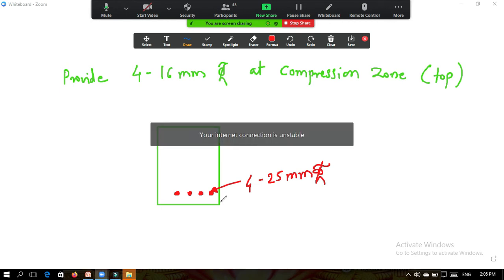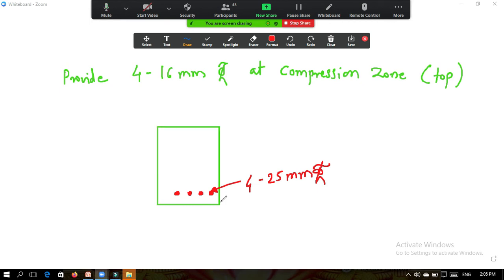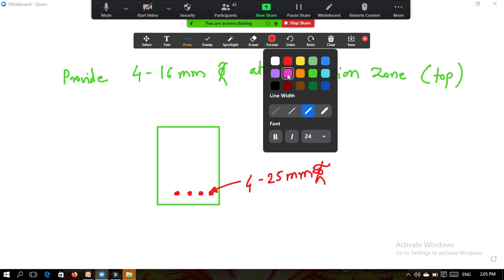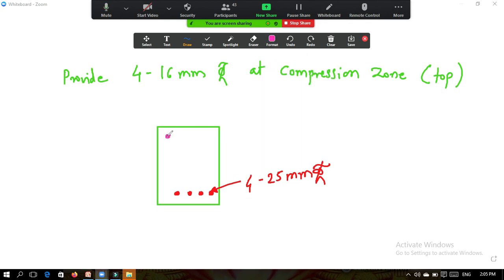Now it is correct, I hope. 4 bars are there at top also. So I will show 4 bars at top also: 1, 2, 3, 4. Here 4 bars of 16 mm.